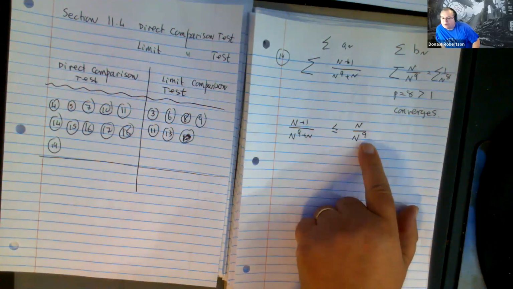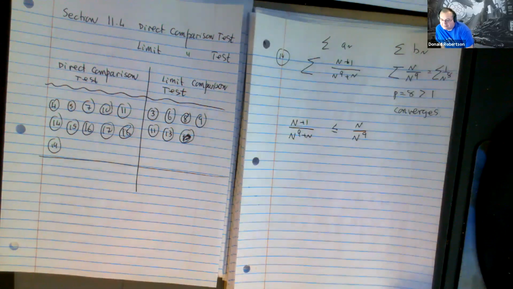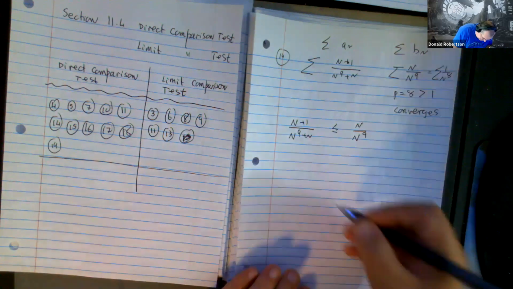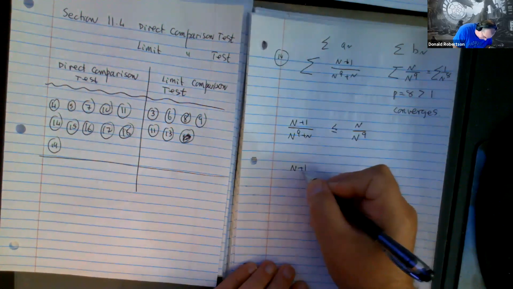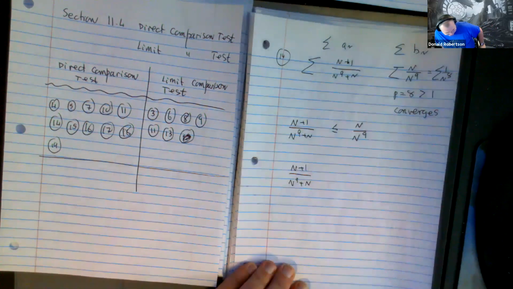I think that's helpful. If it's true, then you can immediately say this guy converges, and it's a lot quicker. But if it's not true, then you have to tweak it to make it true. So here is where it gets a little bit messy. Let's start with that guy.